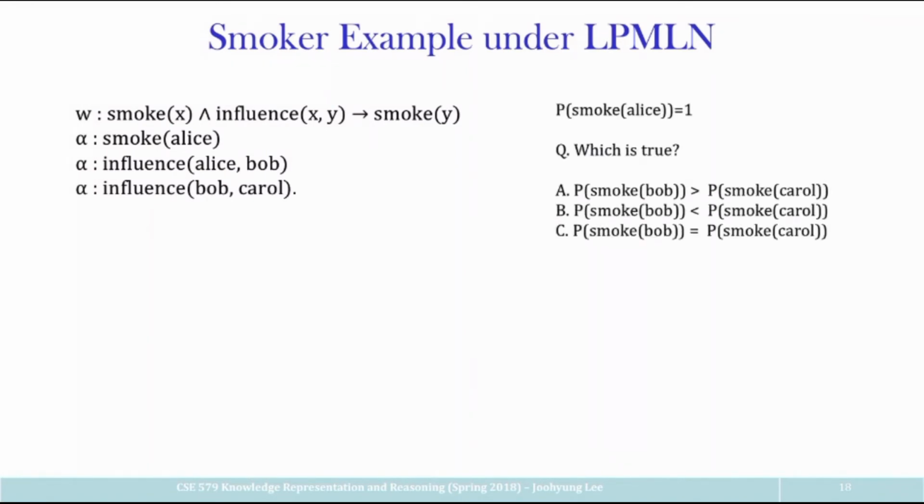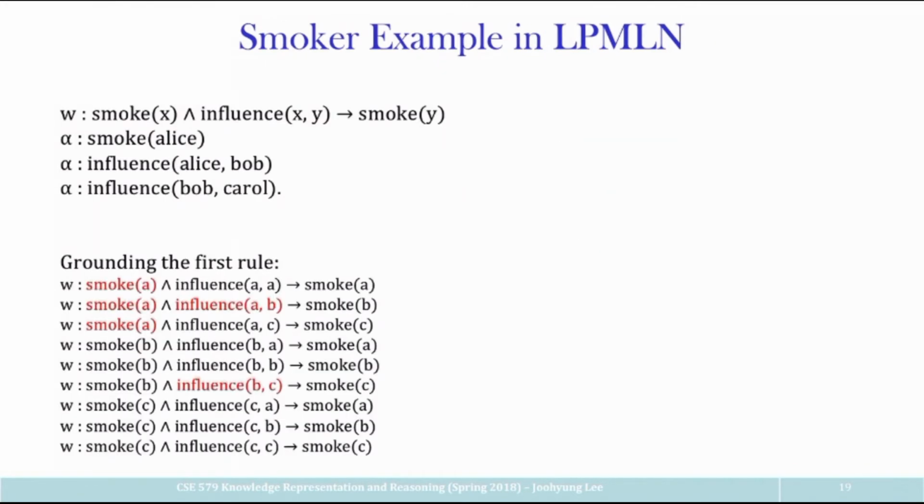So what is now the probability? Here you will see that the answer is actually A, and let's check why. Doing the same example and the same computation, this idea is coming from the first rule. It generates 9 ground rules.